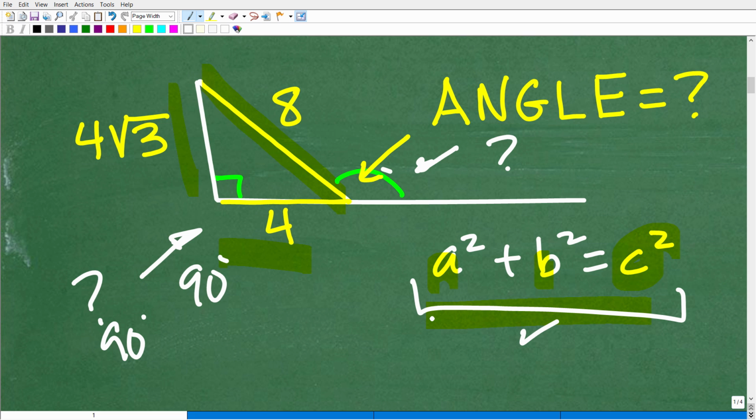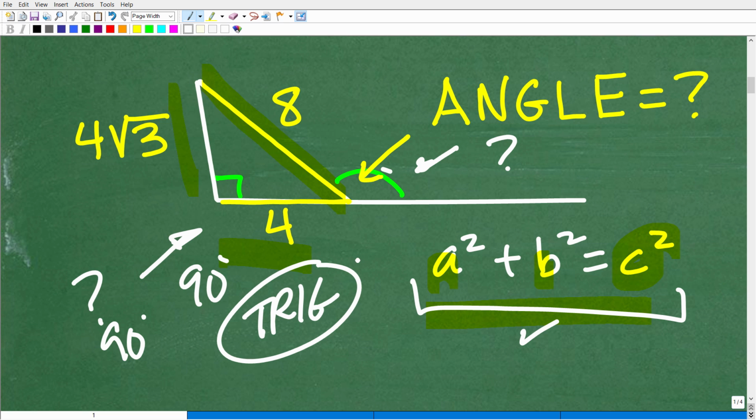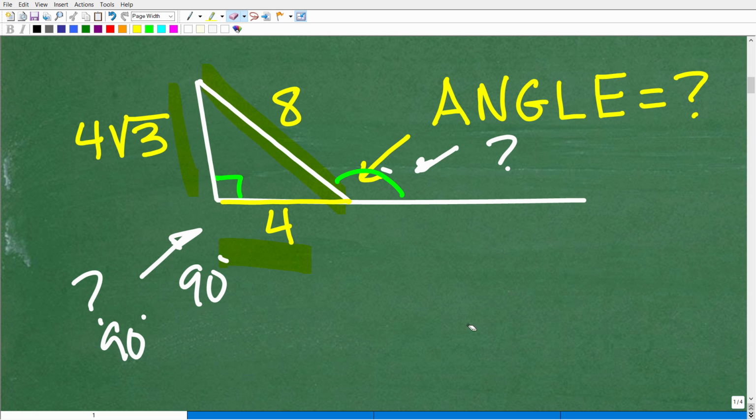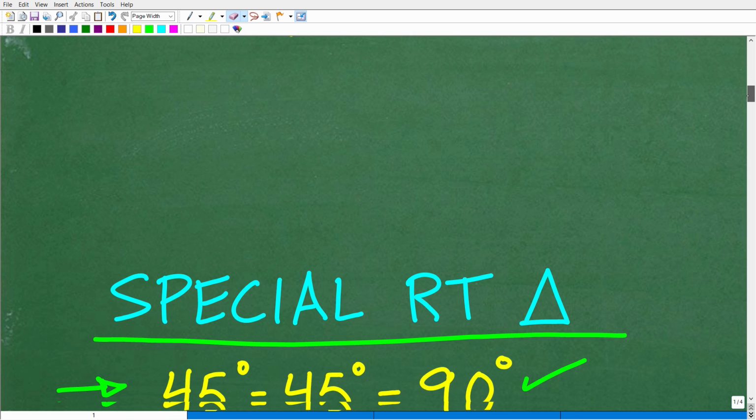If you didn't know about 30, 60, 90 special right triangles, then you would have to know some basic trigonometry to figure this out, some trigonometric ratios. But we can spare ourselves from doing trigonometry if we understand special right triangles. But I'm going to verify the lengths here by using the Pythagorean theorem in just a second. But let's just talk about these two special right triangles before we move on, because this is very important stuff.